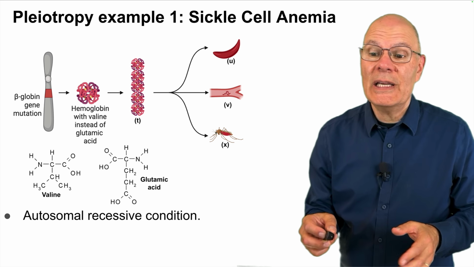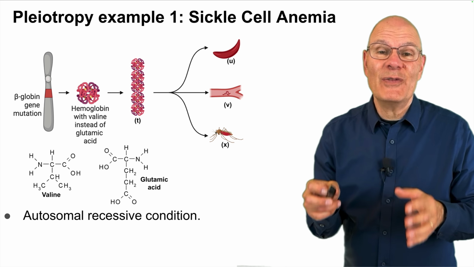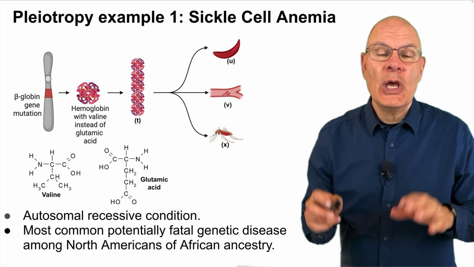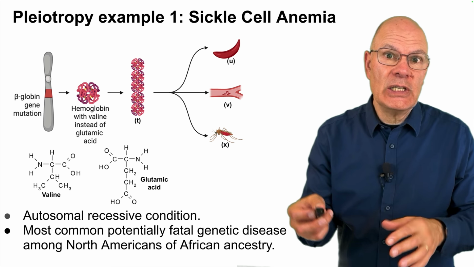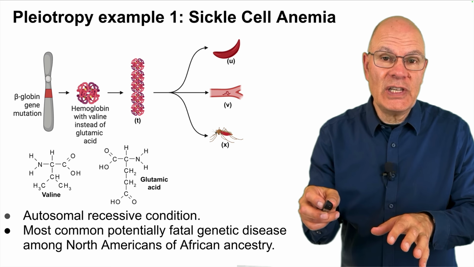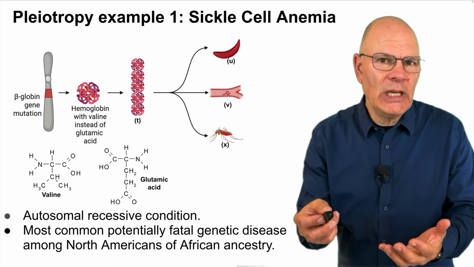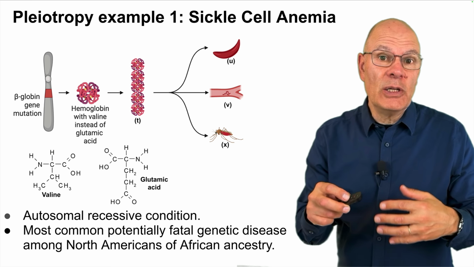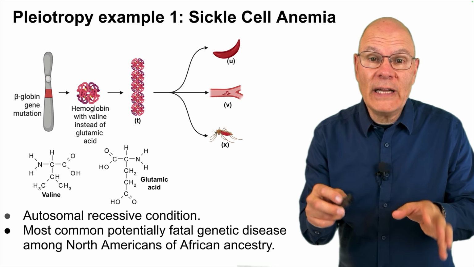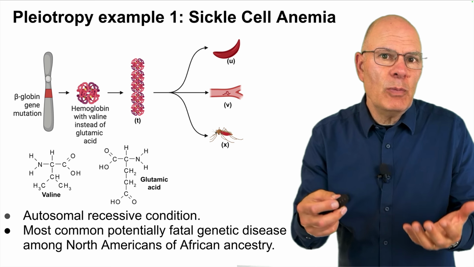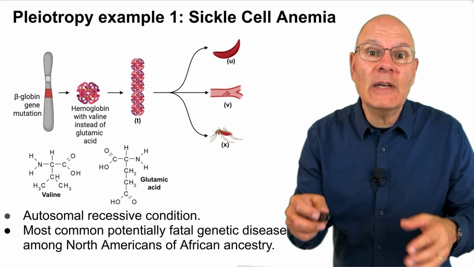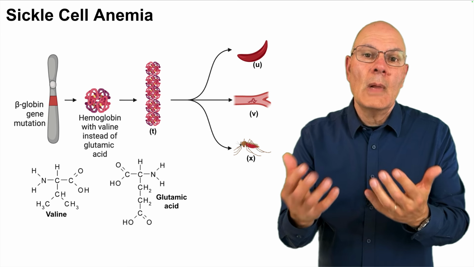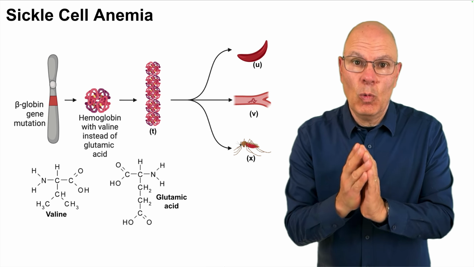Sickle cell anemia is an autosomal recessive condition, and it is the most common, potentially fatal genetic disease among Americans of African descent. Though within the past 30 years, this disease has gone from one that was invariably fatal during childhood to one in which people live into their 50s and 60s, depending on the quality of the medical care that they receive. How does sickle cell anemia work?